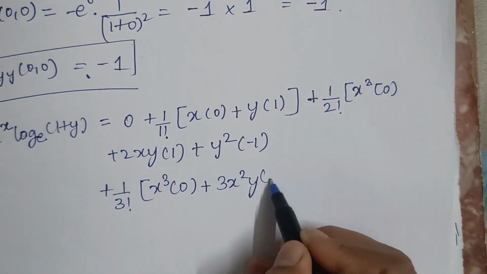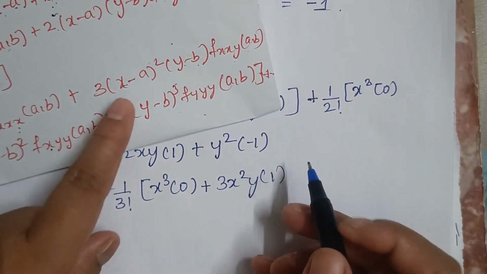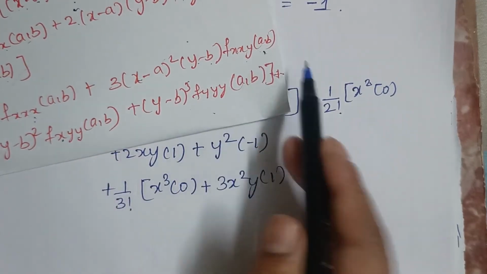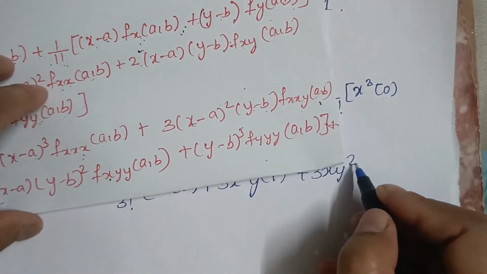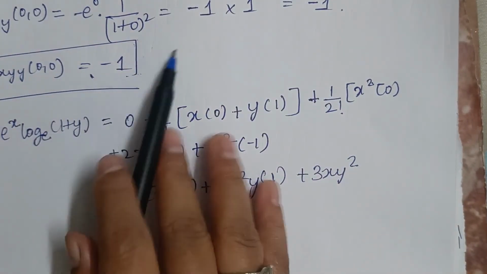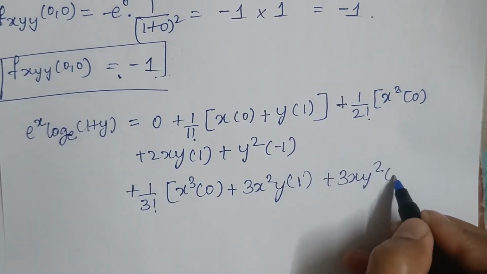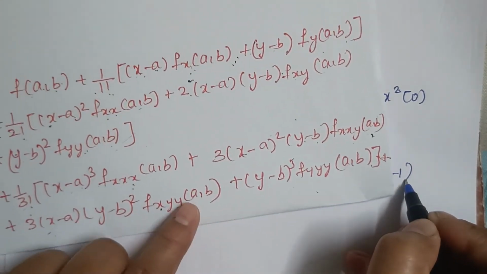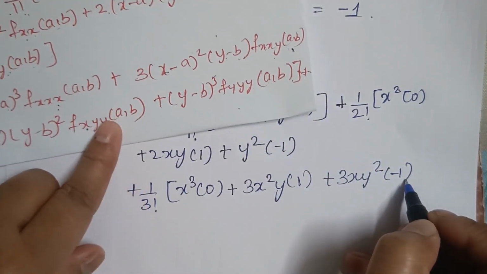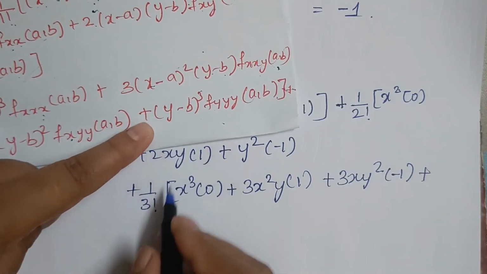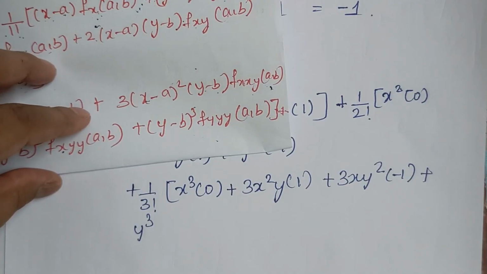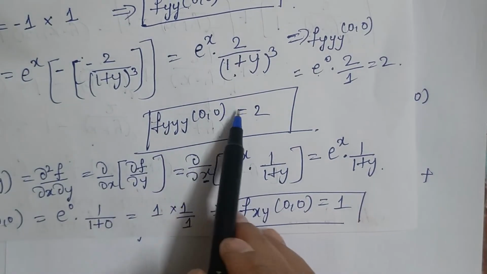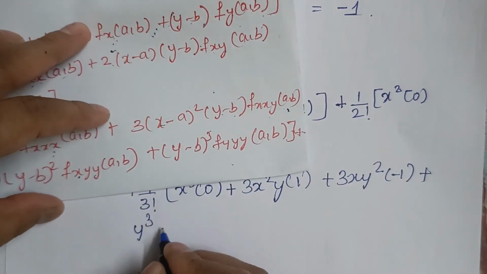This is also 1, so I'll just write it down as 1. Plus 3xy square, f suffix x double y is minus 1, so I'll write it down minus 1. Plus y cube, f suffix triple y of 0 comma 0 is 2.